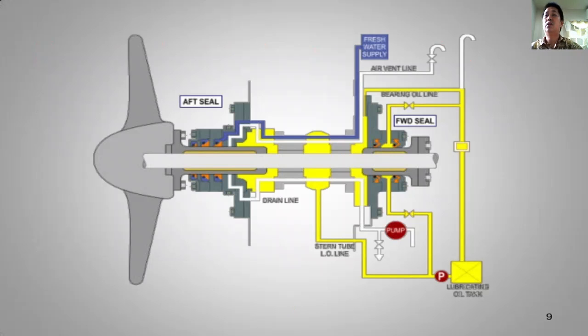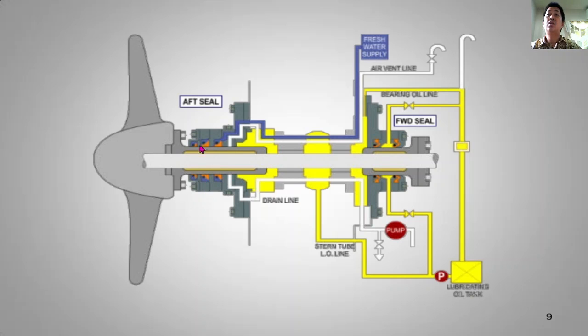Here, as you can see, you have a lubricating oil tank. This is also a different system, but normally there is a lubricating oil tank higher. Here you have a pump, because you have a pressure pump. It is injected with the oil here to counteract the pressure.